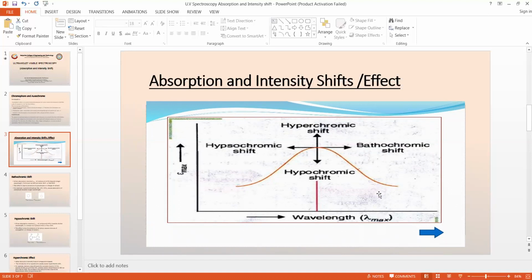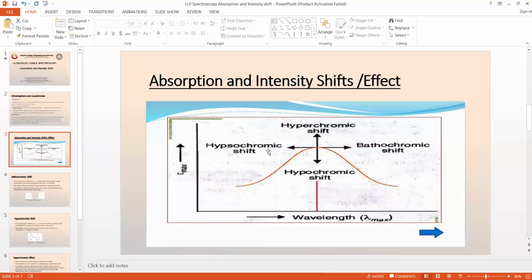Now in this diagram, you see that there are four types of shift or effect: bathochromic shift, hypsochromic shift, hyperchromic shift and hypochromic shift. Bathochromic shift means when lambda max increases. Bathochromic shift is also called the red shift.